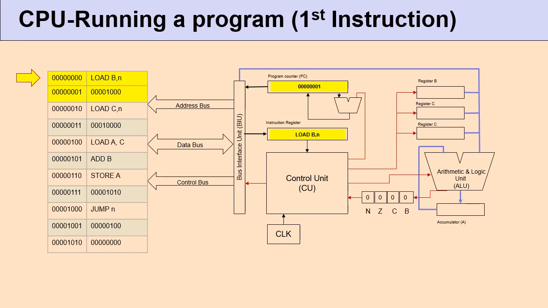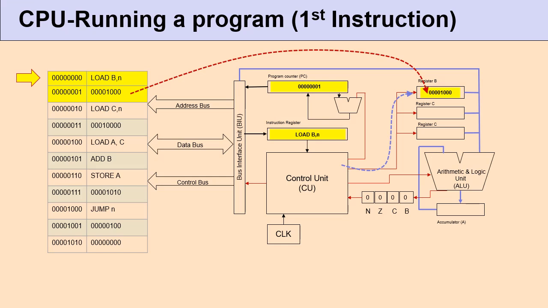The CPU will then generate a signal for the bus interface unit to read this value from the data bus. Now this is a data value, and the instruction says that it has to be loaded into the register B. So while this value is being read from the system's data bus, the control unit will also send a signal to the register B to copy that value and store it in register B.